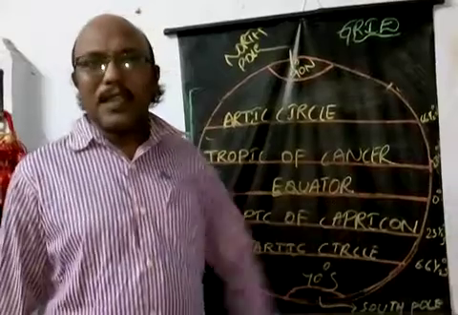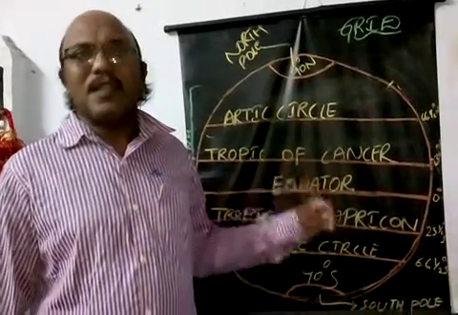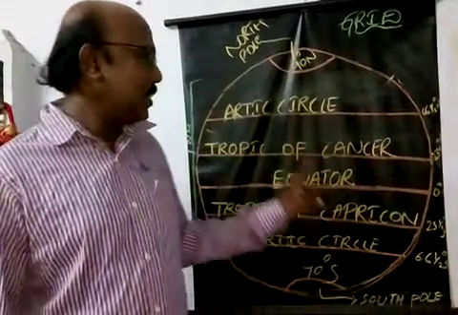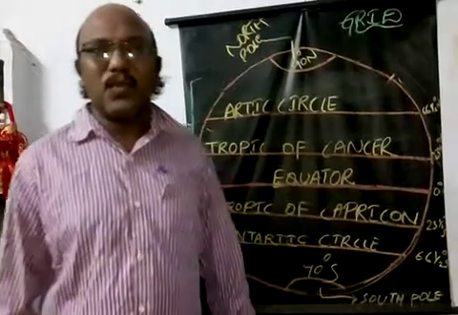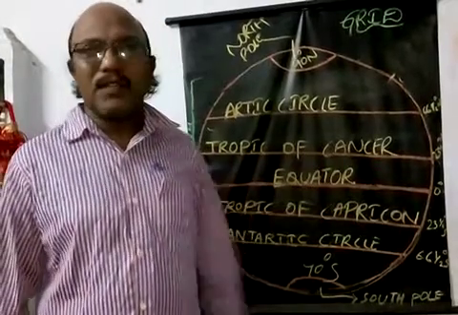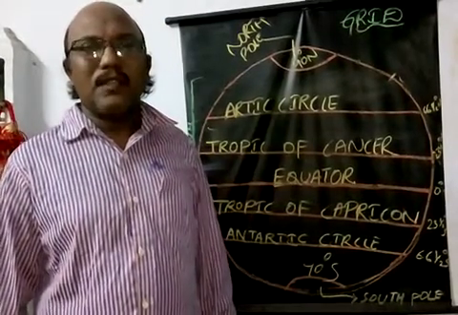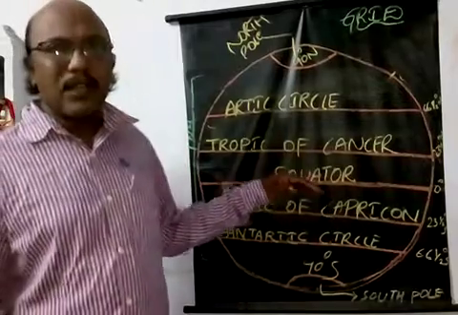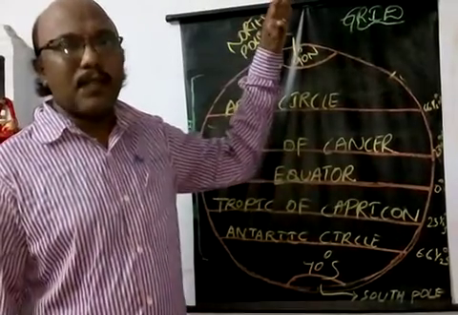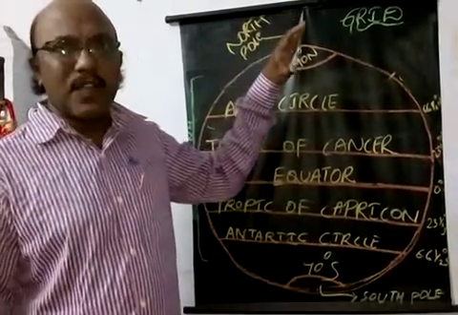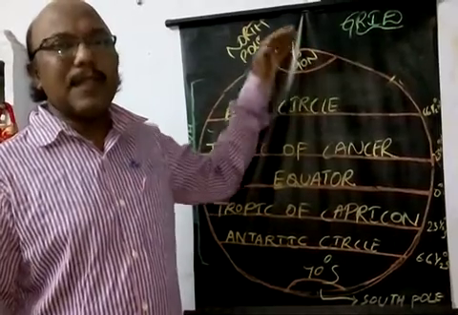We have given designations to each latitude. The equator is 0 degrees latitude. Moving from the equator towards the north, polewards, there are 90 latitudes.